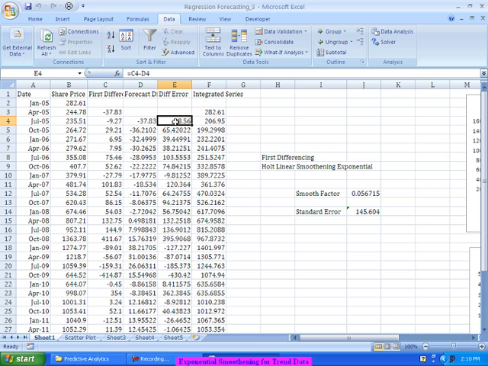So based on that, for the next period, I will not consider minus 37.83 as my error. Rather than that, as my forecasted value of the differences, I'll enhance this number by giving some weightage even to this difference.